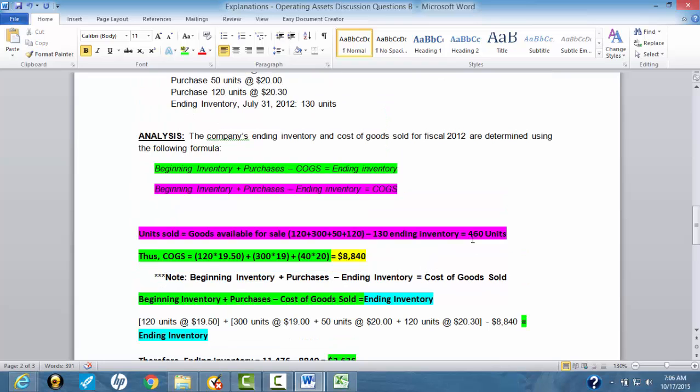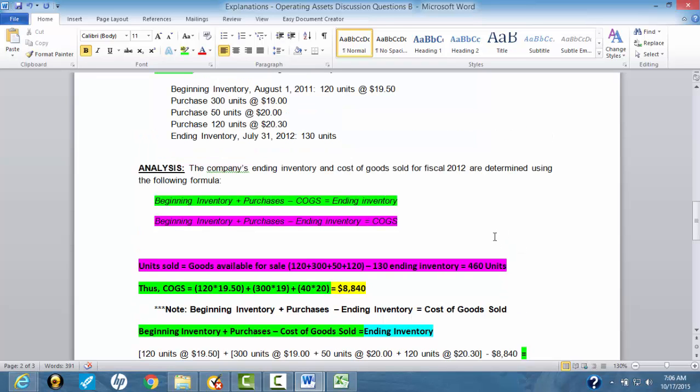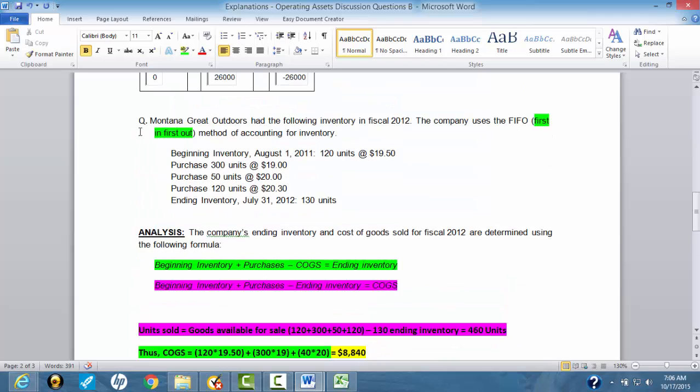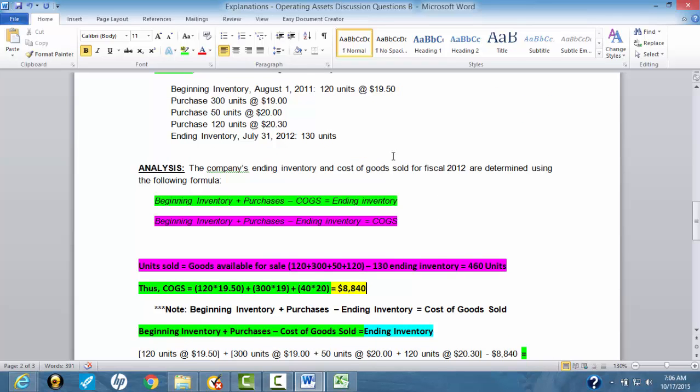Now recall that 460 units were sold, and the first in is the first out. The first is 120 units and the cost is 19.50. So that's right here. Now next is 300 units at 19. So that's what we have here.